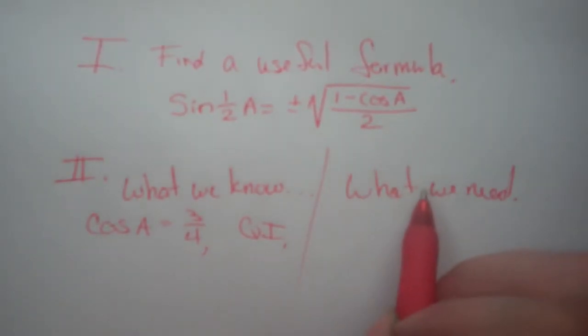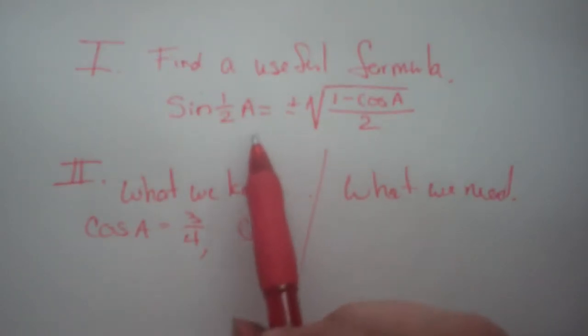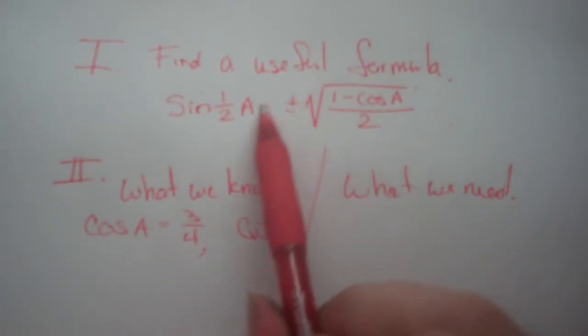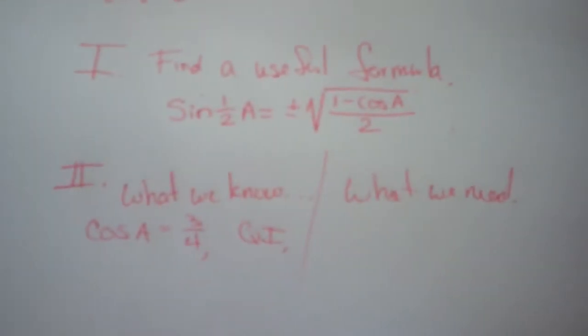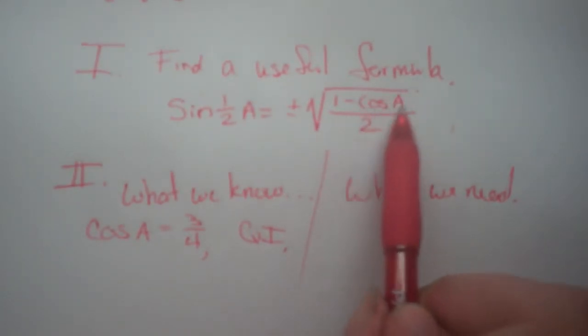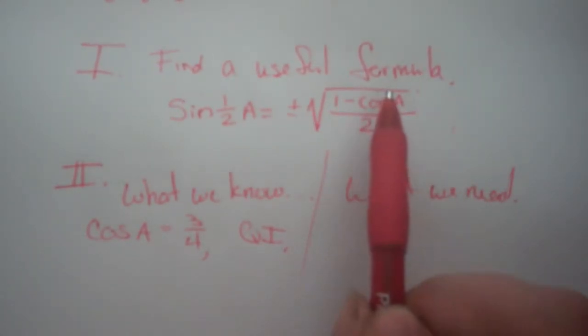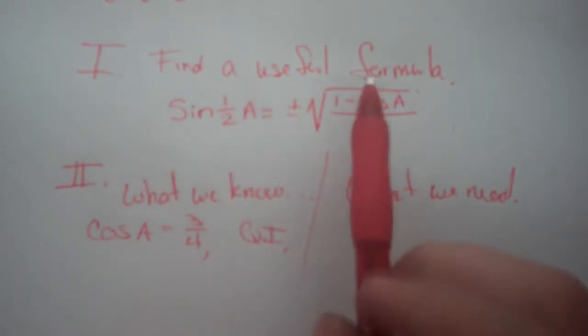What are we going to need? Well, by what we need, what I mean is, if I'm going to use this formula, what things do I have to make sure I have? Well, I have to be sure that I have a cosine of a. I need the cosine of a so I can put it into this formula and find what it is that it's asking for.